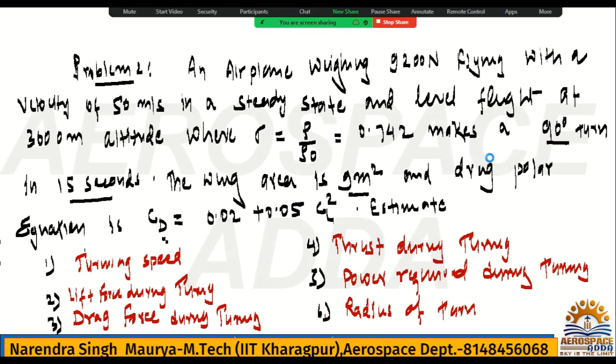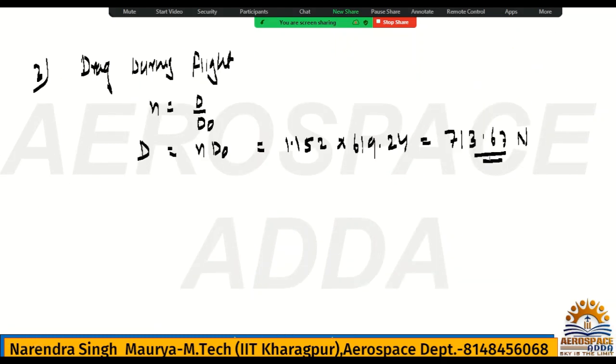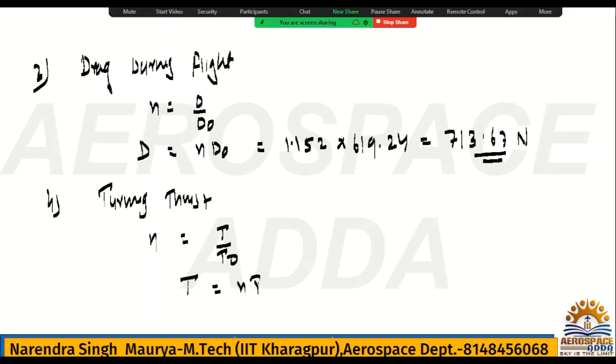thrust during turning. Okay, what is the formula for it? Right. So for turning thrust, N is equal to T upon T naught. Yes or no? So obviously that formula will be, because it is the same, T is nothing but N times T naught, and for the steady state level, T naught is nothing but D naught.